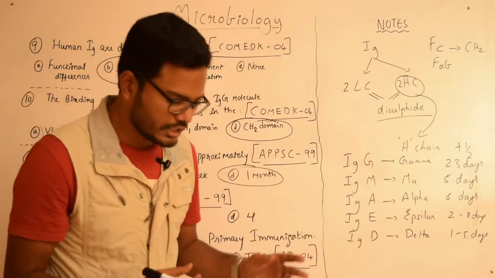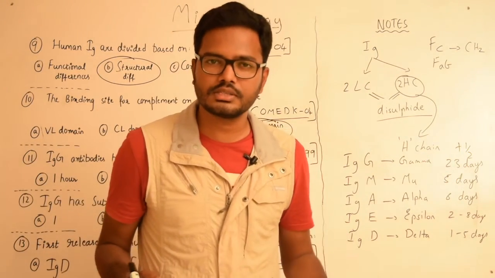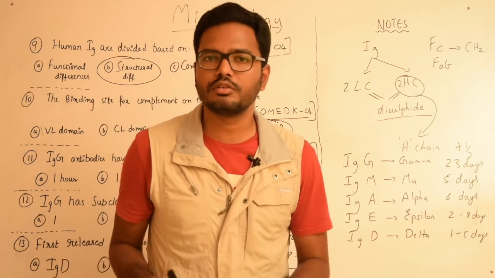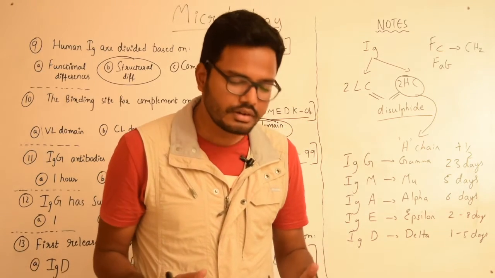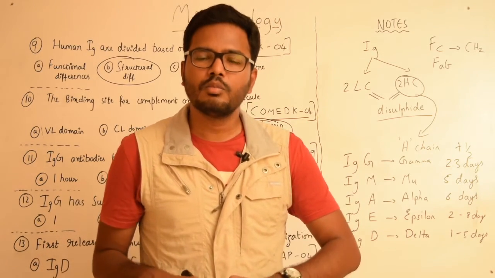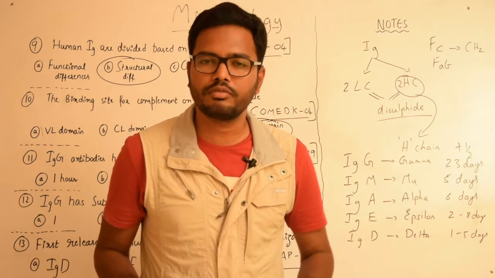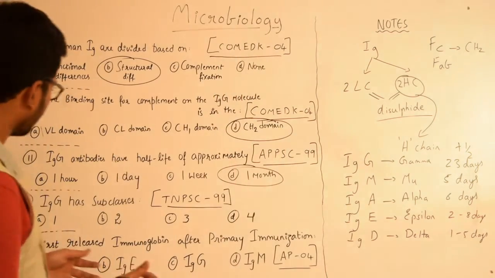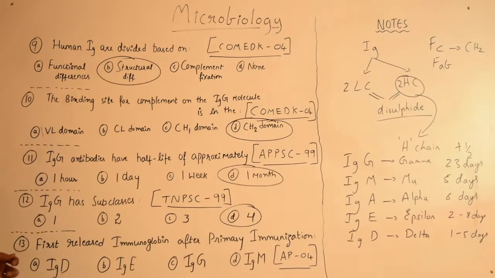IgG1 has a concentration of around 65%, IgG2 around 23%, IgG3 has 8%, and IgG4 has 4% concentration, right? Of all the antibodies present, IgG is the most abundant serum immunoglobulin, accounting for 80% of all immunoglobulins present in the serum, right? So the option here is 4. We have 4 subclasses. Now moving on to the final question.